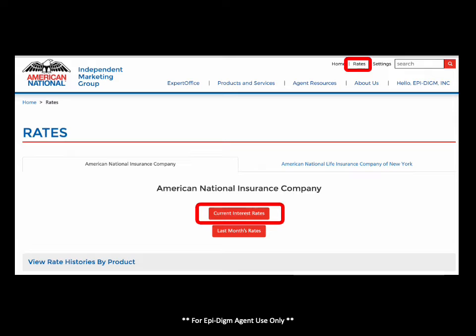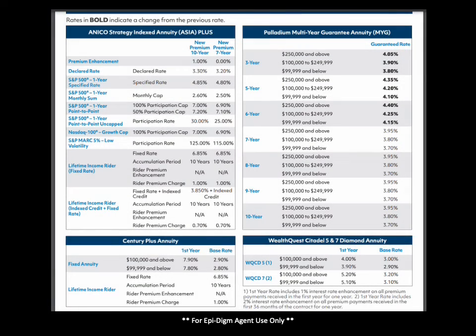If you want to see last month's rate, you can do that, but why would you want to? You probably want to see the current interest rate. If you click on current interest rate, and this is as fresh as today, you'll see Palladium, multi-year guarantee annuity, 3 years, 250,000 and above, 4.05% for how many years? 3 years. 100,000 to $249,999, 3.9% for the next 3 years. 99,999 and below is 3.8%.